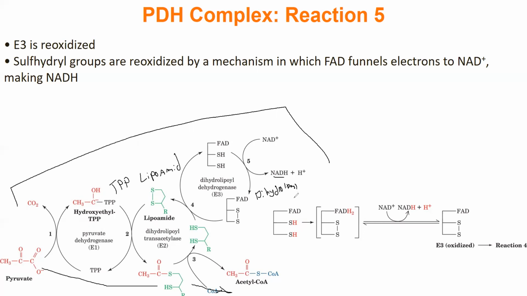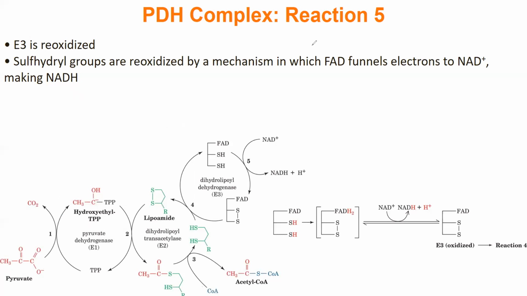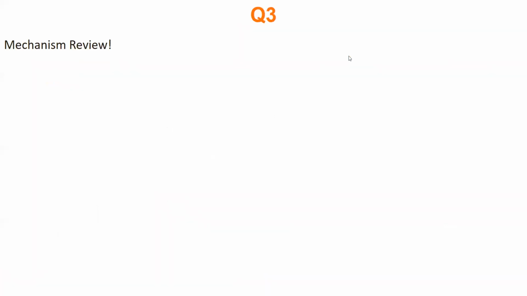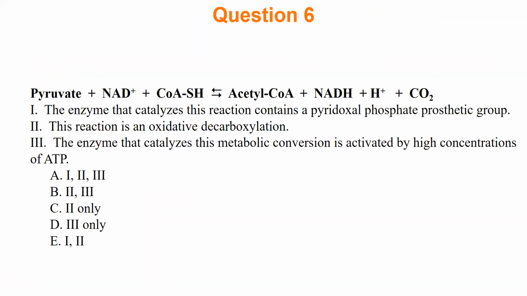And so we don't really have a pyridoxal group in here. So that doesn't appear anywhere, a pyridoxal phosphate. So that's not true. The only cofactors or prosthetic groups we care about are TPP, right? And lipoyllysine, right? Those are the only two real prosthetic groups for PDH. It doesn't really contain anything else.